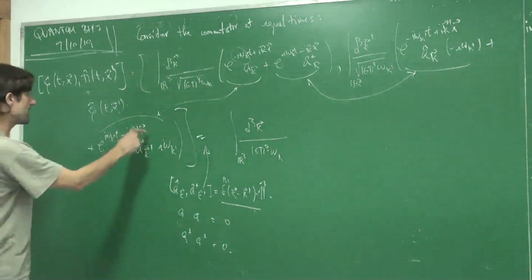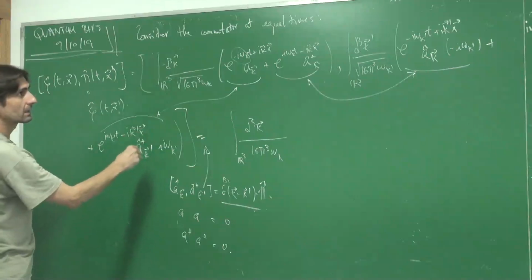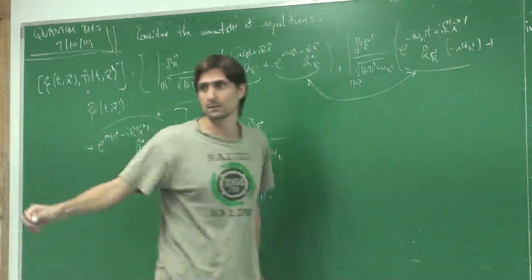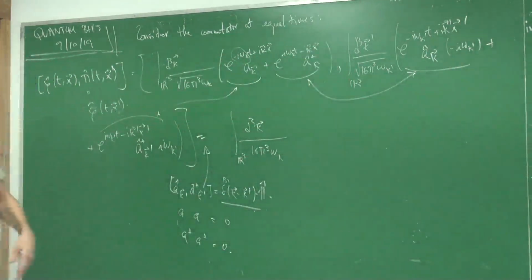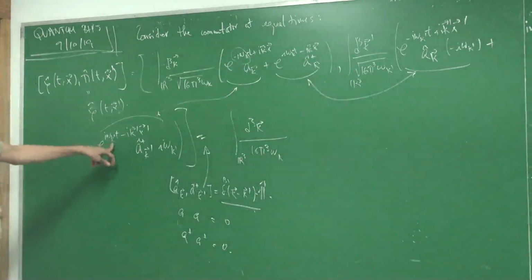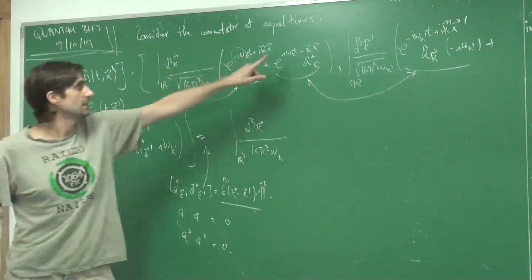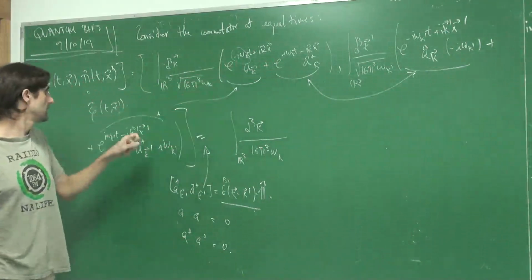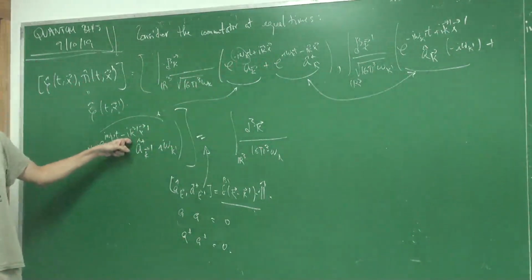Sorry, x. This is x prime here. This is x prime. So the t's are the same, so the exponential t and the minus exponential t will cancel out. The x bits will not cancel out because we've got x and x prime.